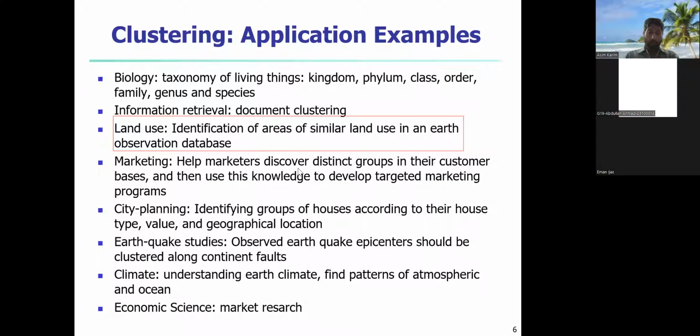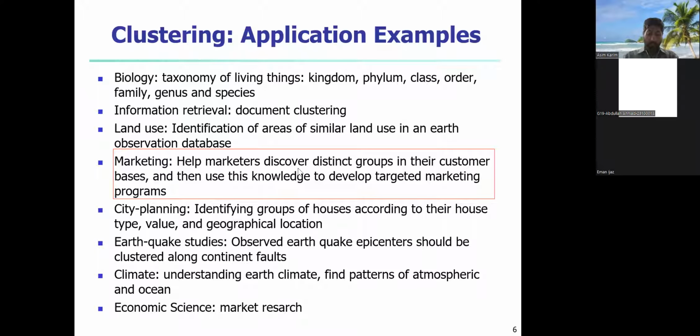And then, of course, you can have applications in GIS, Geographic Information Systems, trying to find usage patterns, land use patterns, habitation patterns, and so on. In the retail sector, you can think about marketing, trying to find segments of people or customers who would be interested in particular parts of your product.